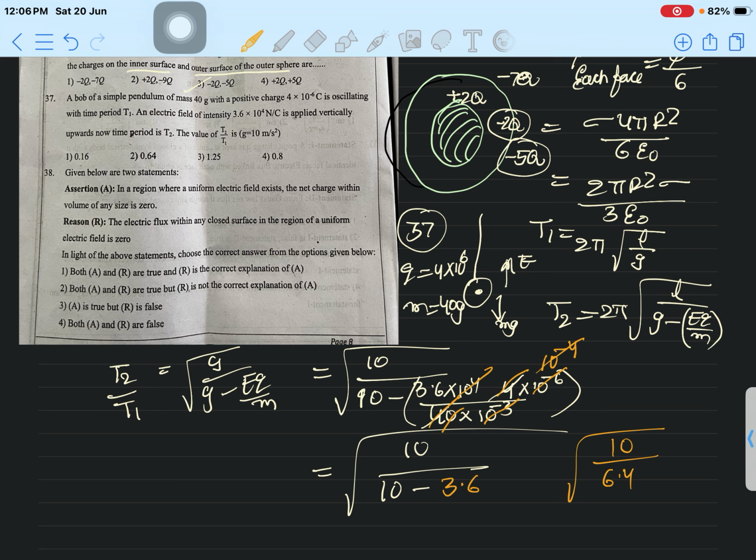They are asking the ratio t2 by t1. So, under root 10 by 6.4.